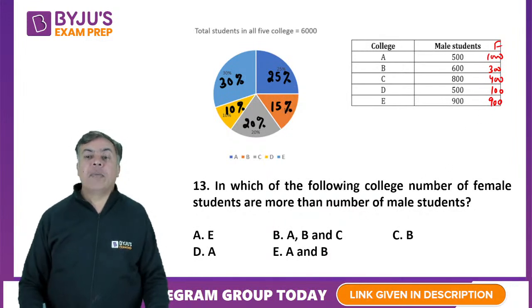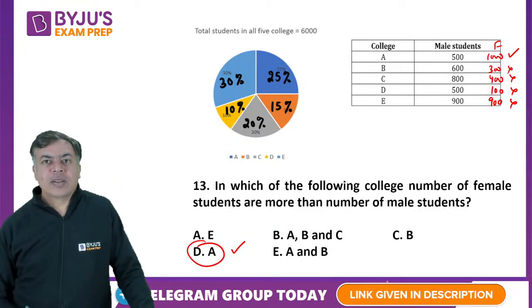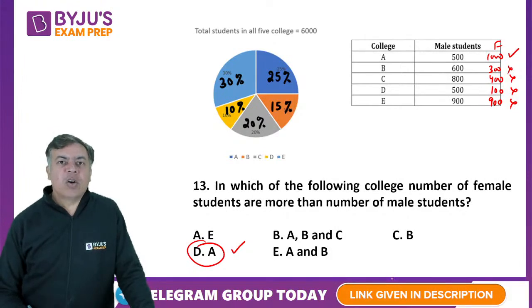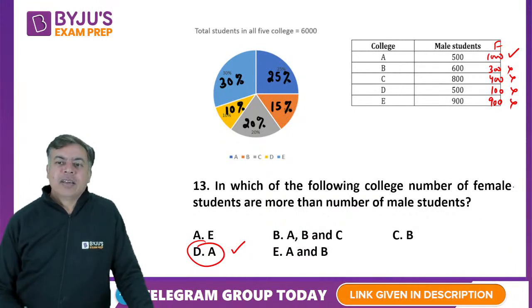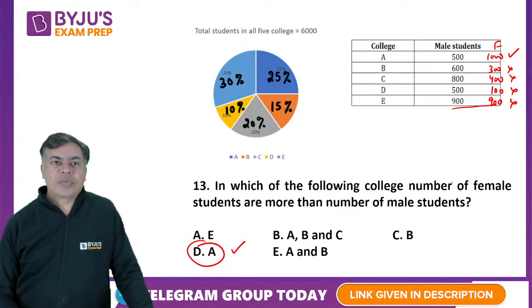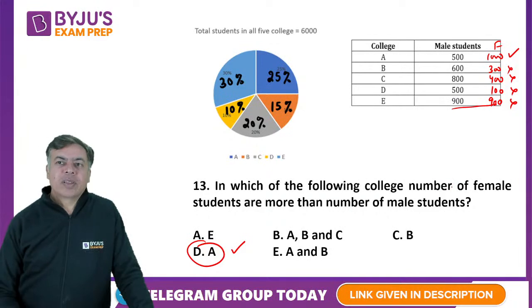Female more than male: only A. In E they are equal. So your answer should be only A.